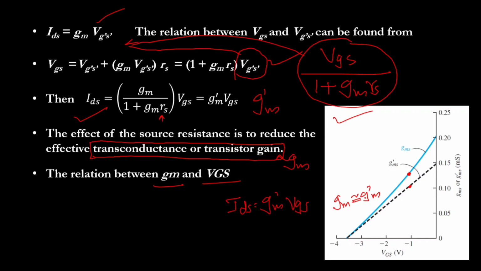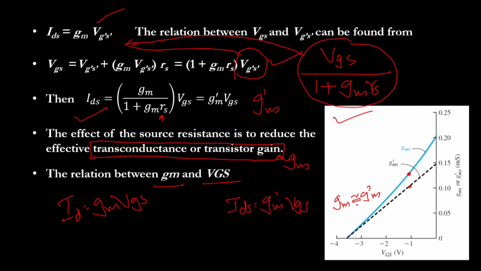So in general expressions, what we consider is Id equal to gm VGS. We never mention g'm because we apply almost 3 to 4 volts in practical application. At that particular point, as this graph shows, at high voltages the gm and g'm are almost equal.